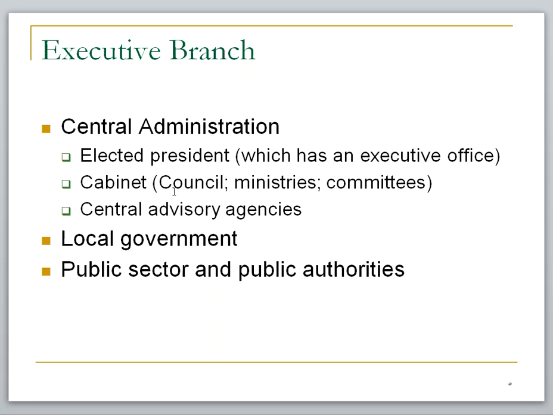It consists of the council, ministries and different committees that report to the cabinet. Also we have central advisory agencies, بعض الهيئات الاستشارية, that report to the cabinet. Related to the executive branch, we have the local government, the public sector and public authorities.